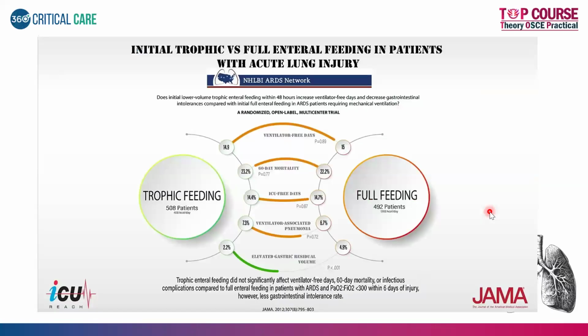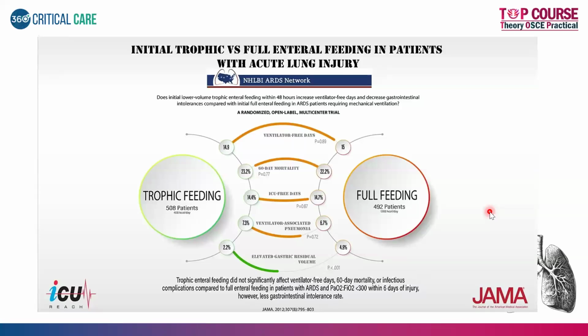Coming to nutrition in ARDS, not much has been done on this aspect. As it is, nutrition is a point on which multiple trials have been done, but there is no universal tool available either for assessment or to understand the way we have to go forward for implementation for mortality benefit or reduced length of ICU stay.